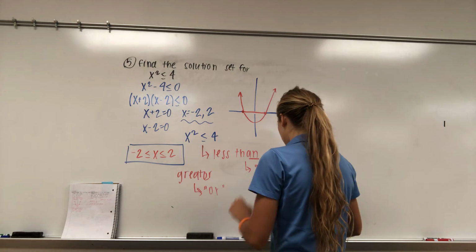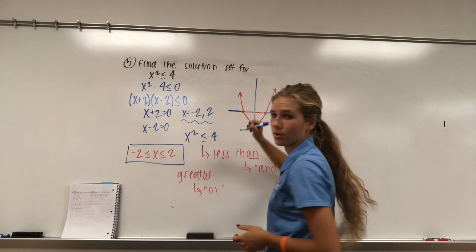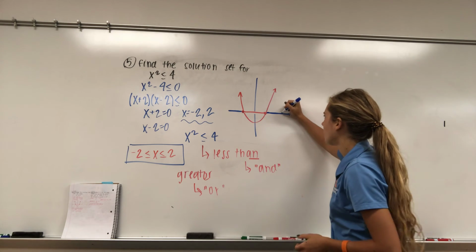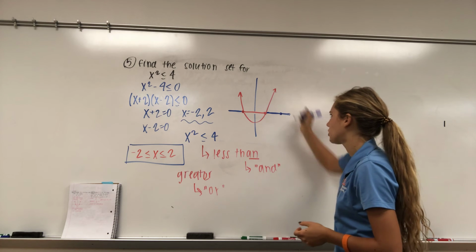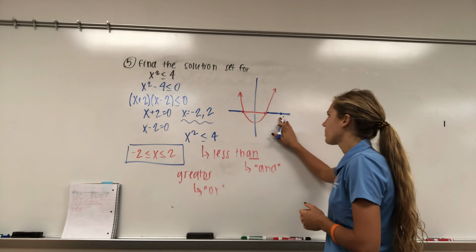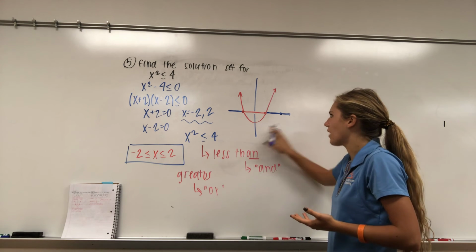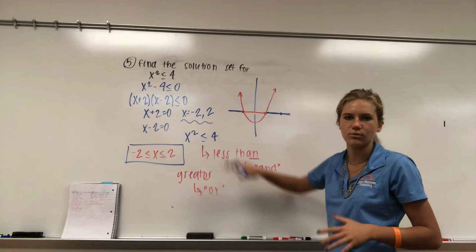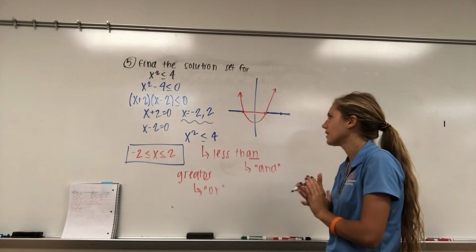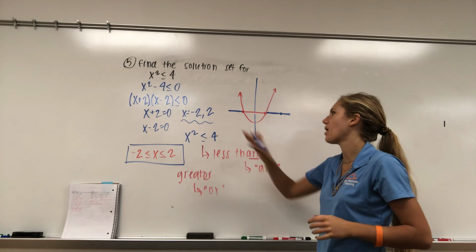So the answer could either be over here, right? Or it could be over here. If one of the solutions to a solution set is over here, it can't simultaneously be over here. That would be like saying 5 is equal to -5, which we know it's not. So that's why it's going to be an or set. So this is the actual answer for this problem.